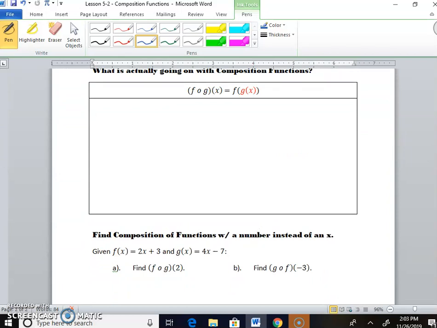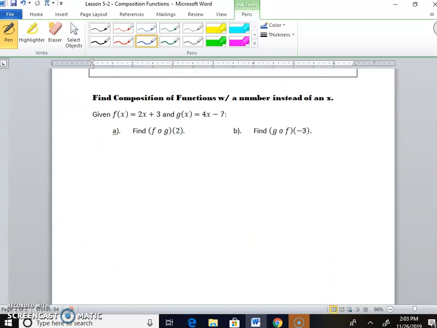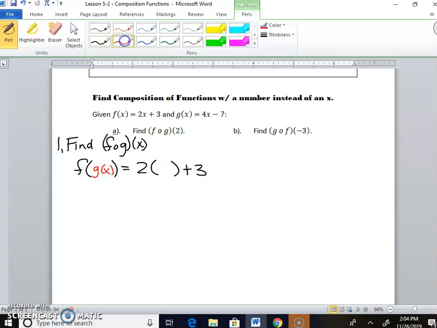Okay, so we have a couple examples down below here. f open circle g of 2, g open circle f of negative 3. So again, what you guys can do, find f open circle g of x first. That'd be my step 1. Okay, so I've got f of g of x, and my f function is 2 times x plus 3.